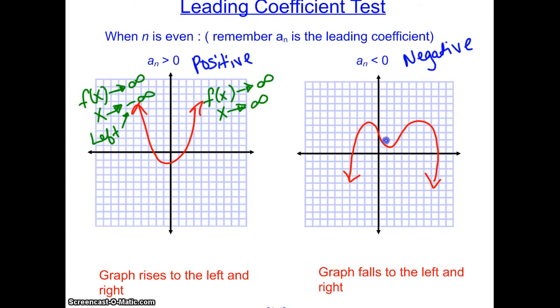On the right side, f of x goes to positive infinity as x goes to positive infinity. Okay, now let's look at when a is negative. On the left, the end behavior on the left, your function is going down, negative infinity, as x goes left.